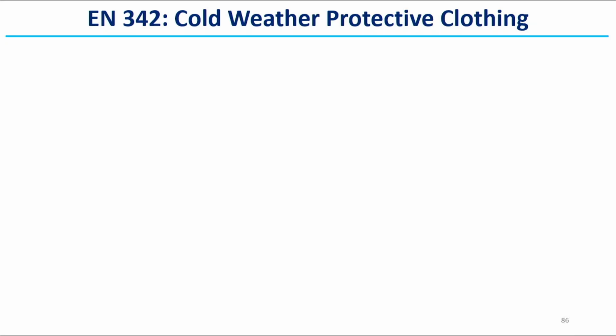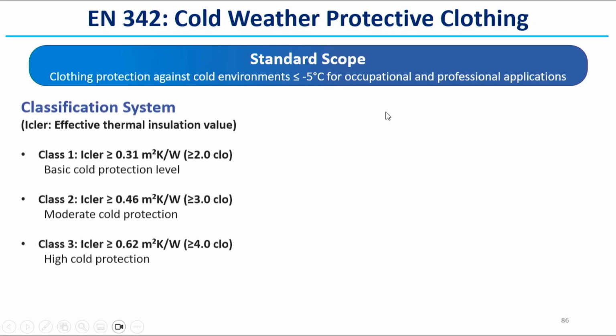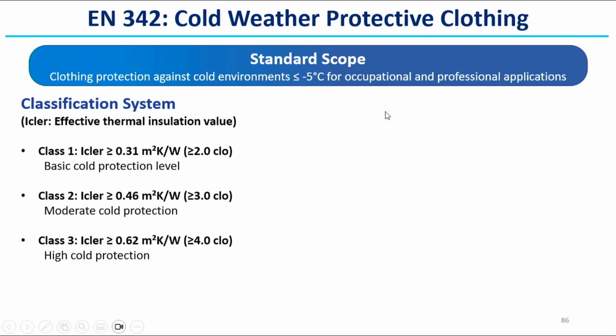And for extreme cold weather protective clothing EN 342 is used. So, the standard scope is clothing protection against cold environment, typically less than or equal to minus 5 degrees Celsius, for occupational and professional application. So, this standard classifies the clothing system. So, this is ICLER, okay, that is the effective thermal insulation value for clothing.